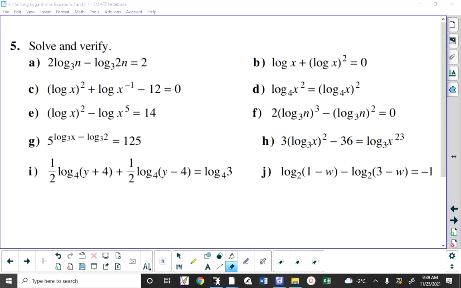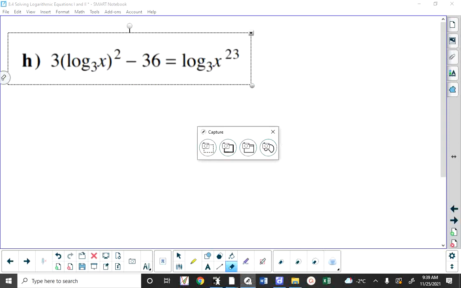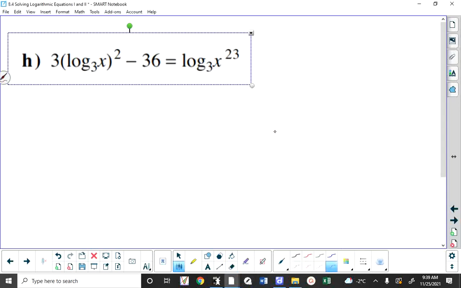So 5H is a logarithmic equation which is quadratic in nature. And again, I want to point something out about two things in this equation.